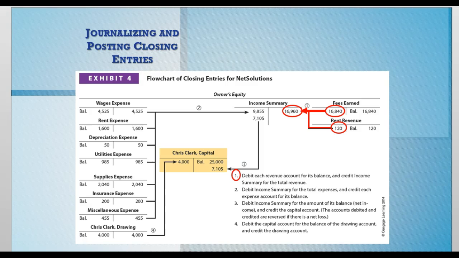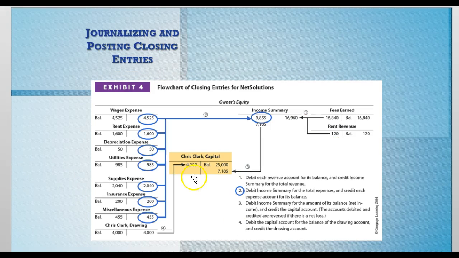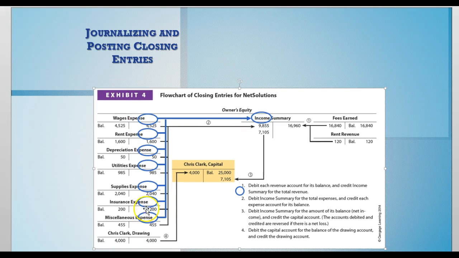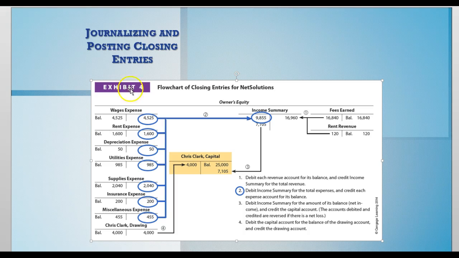Step 1 is to take the fees. Okay, you know they have a credit balance over here. You're going to debit them in an entry, and you're going to credit the income summary. That's step 1. Step 2, then, is to credit all the expense accounts. See these? Whoops, let's see if we can make that go back.